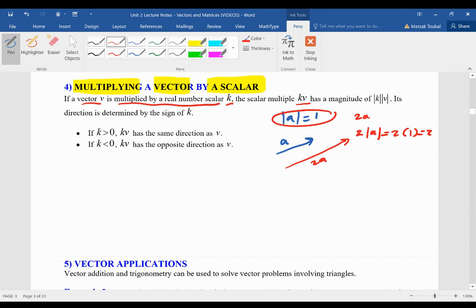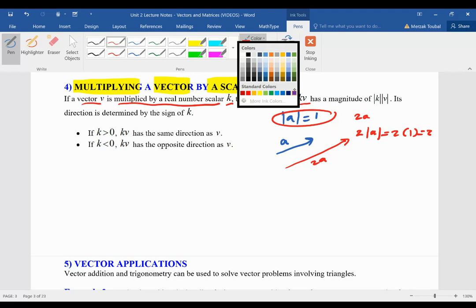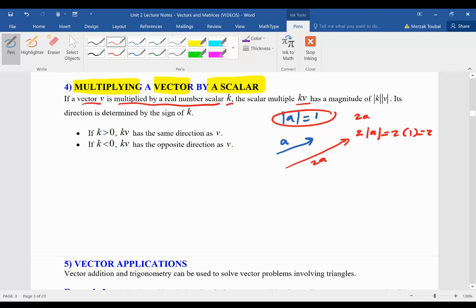Now, how about if I multiply the same vector by negative 2? So negative 2A. The magnitude would be the absolute value of negative 2 times the magnitude of A, which is 2 times 1, which is 2. The magnitude is still 2.